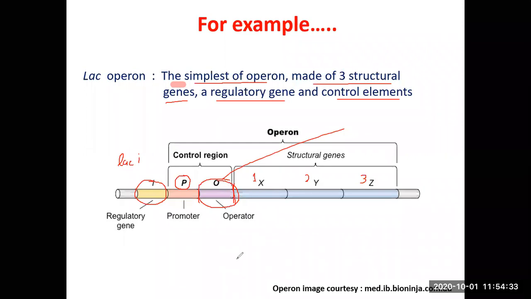You must have noticed that usually the control region and the regulatory gene are located upstream of the structural genes. lacI will have its own promoter, where RNA polymerase will bind independently and transcribe it, which will get translated, and you will have a regulatory protein.